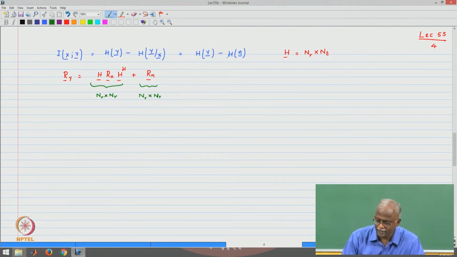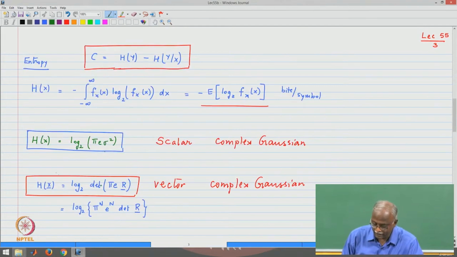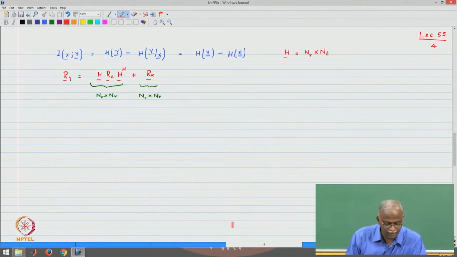Substituting this in the expression for the entropy, we can now write down an expression for the capacity.